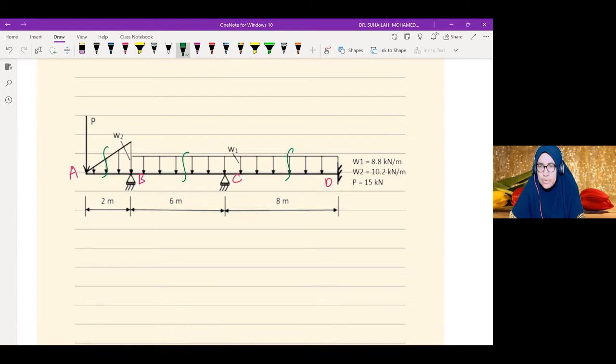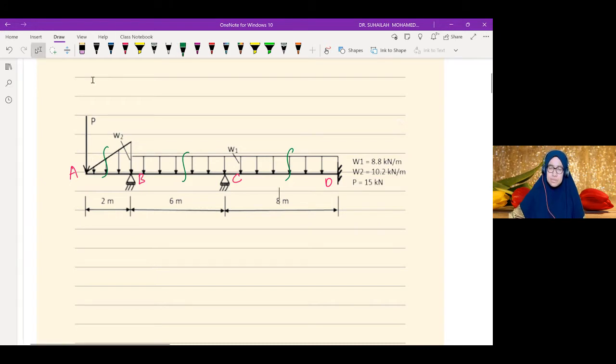So we are going to do this together. We will analyze this beam using the flexibility method. In this case, we have two redundants because the degree of indeterminacy is equal to 2.